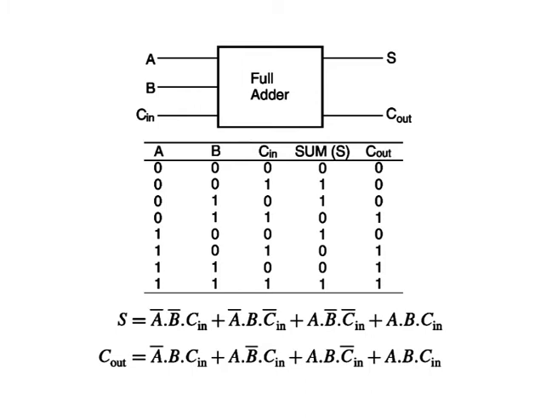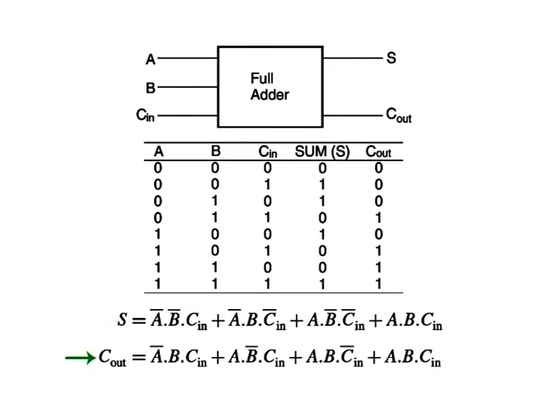The Boolean expressions for the 2 output variables are given in the following equations. For the sum output, S is equal to A bar dot B bar dot Cin plus A bar dot B dot Cin bar plus A dot B bar dot Cin bar plus A dot B dot Cin.